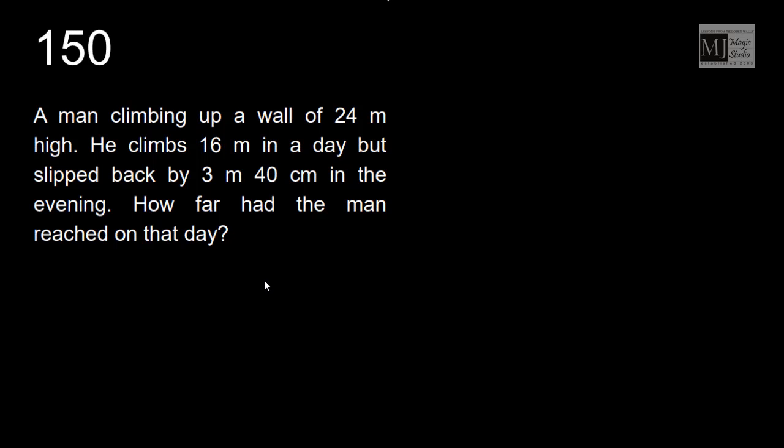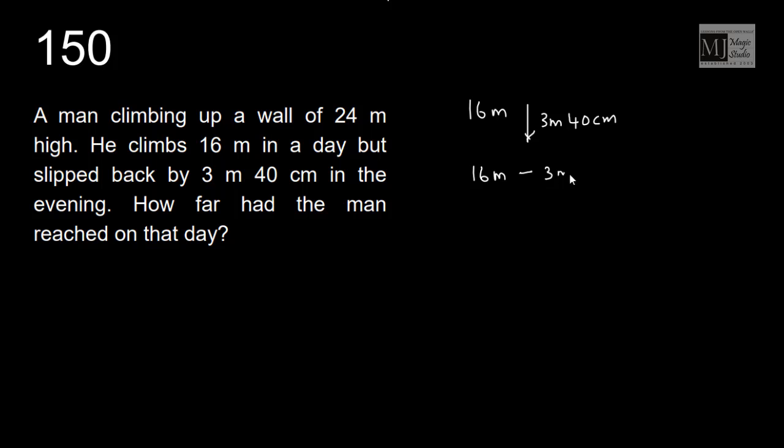A man is climbing up a wall 24 meters high. Question number 150, the last question for this video. He climbs 16 meters in a day, but slipped back 3 meters 40 centimeters in the evening. How far had the man reached on that day?